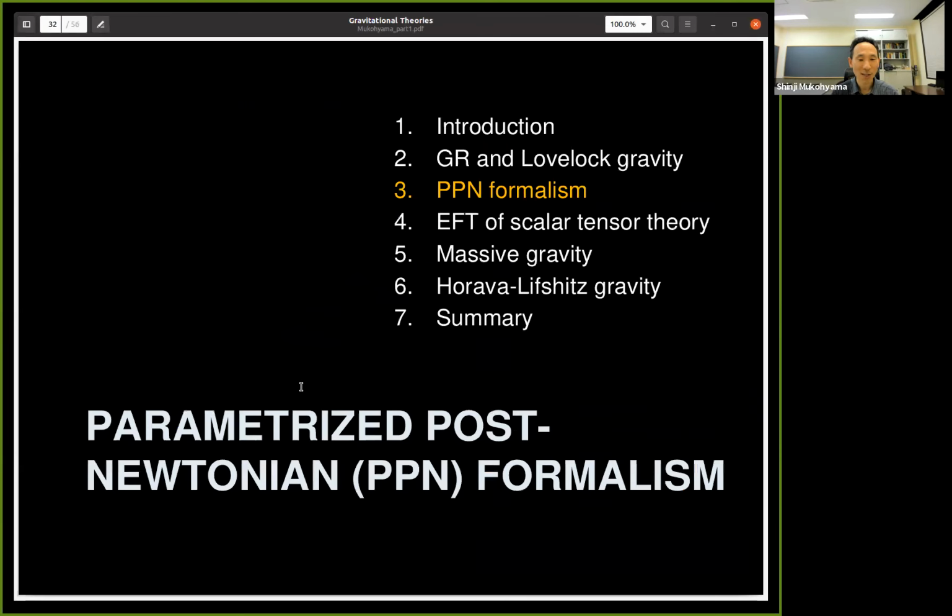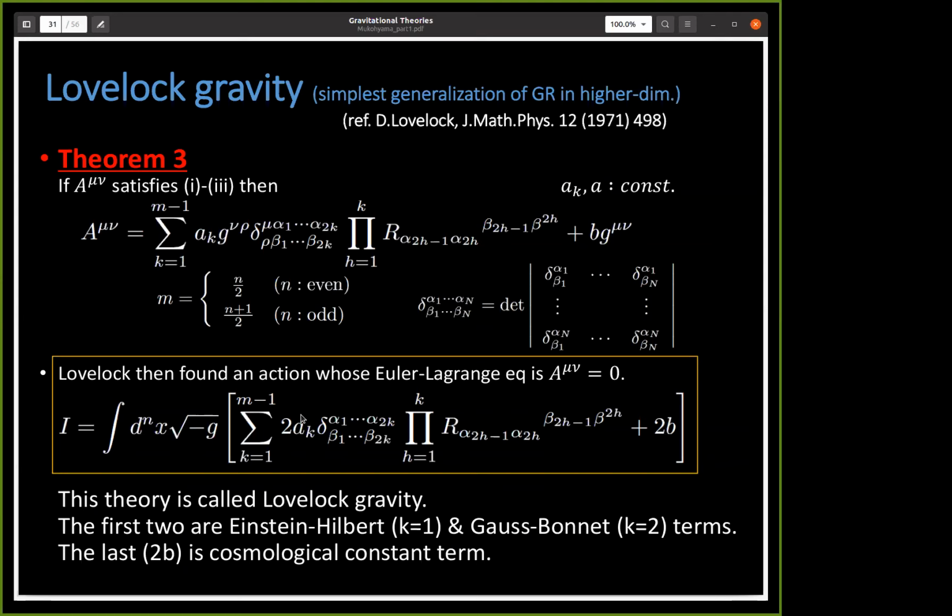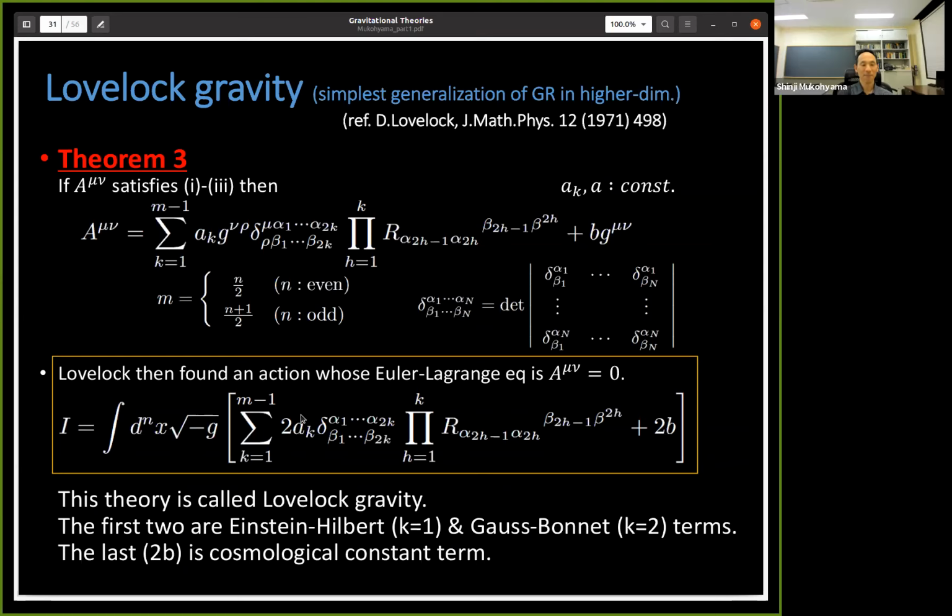If we consider the higher dimensional Lovelock theory and compactify extra dimensions, we end up with a theory with extra degrees of freedom. The size of the extra dimension and the shape of the extra dimension become scalar fields in 4 dimensions. And also we have off-diagonal components.